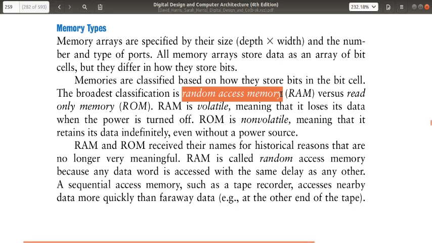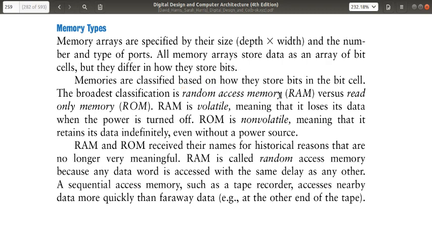Here the name random access doesn't have anything to do with the volatile fact. It just so happens that one of the random access memories that we use is a volatile type, but now the convention of naming has been set. Volatile memories we call RAM, and non-volatile memories we call ROM.